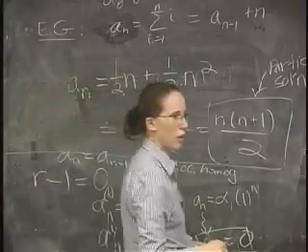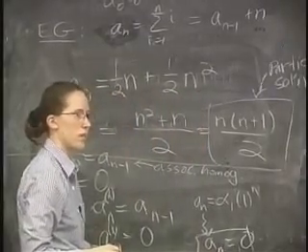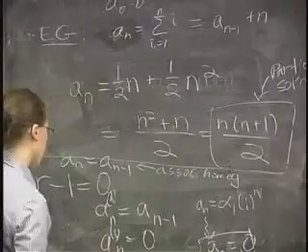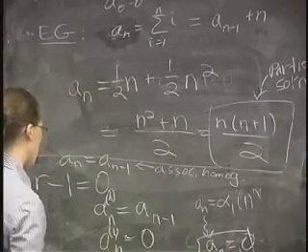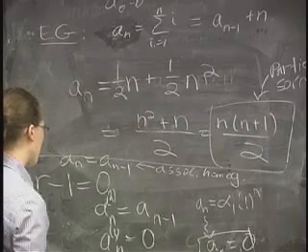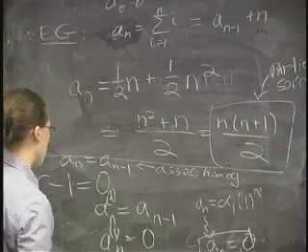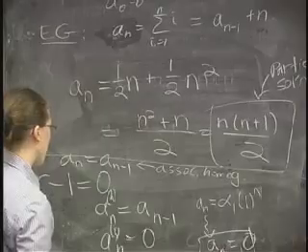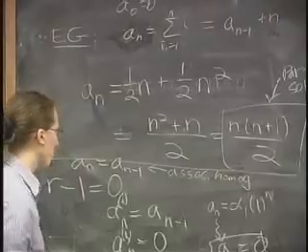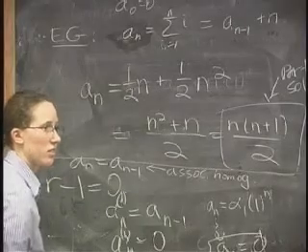If we had started with a sub 1 equals 1, we'd get alpha 1 equals 1, and that would change our... no. There's something we're doing wrong there, and I can't see what it is on the fly.